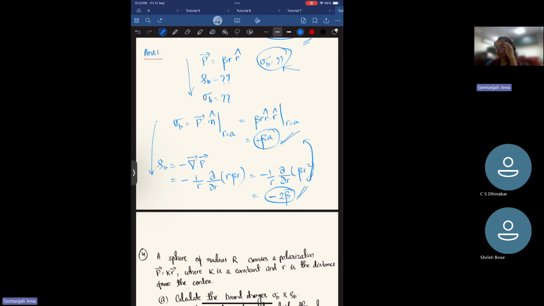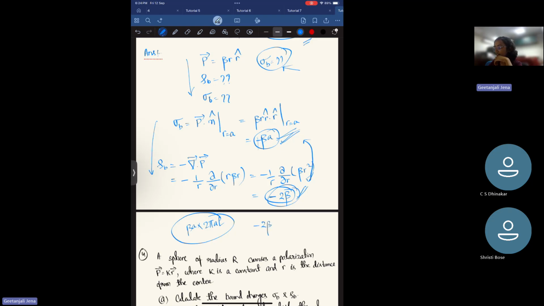Okay, so let's do one thing. If you take the total charge of the outer surface, what will it be? Sigma B is beta A, and the outer surface area is 2 pi A L. This is the total charge. And for the volume, it is the integral of rho B dV.